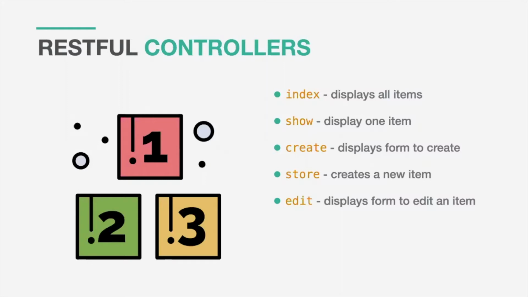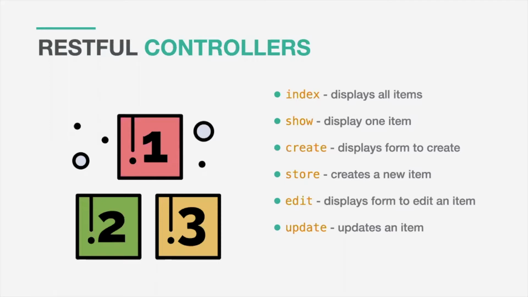In this case, if it's a post, it might be the post title and the post text. If it's a movie, the movie title, director name, and so forth. So the form would be pre-filled. But again, all it's doing is displaying the form. Once that form is submitted, it would go to the update method. And the update method is what will add or update the item to the database.